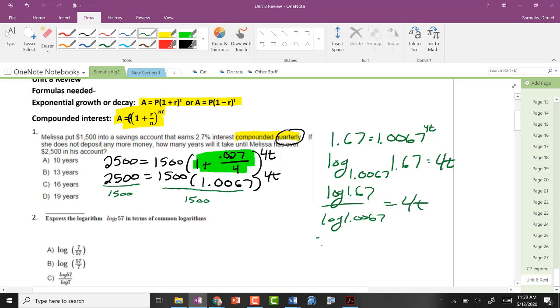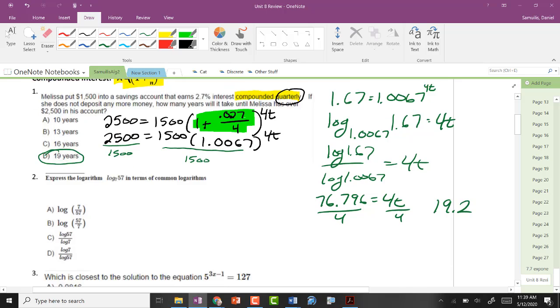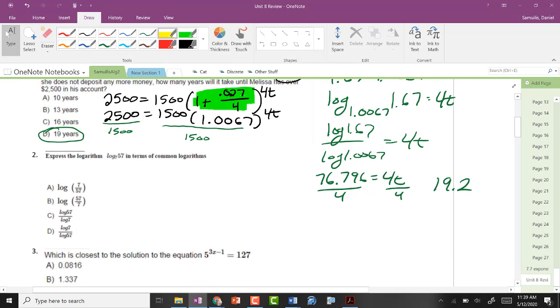This gives us 76.796 equals 4t, and then we divide by 4. And what I end up with is actually 19.2. And based off of this question, it would have to take 19 years, and actually a little bit more than 19 years to get 2500.